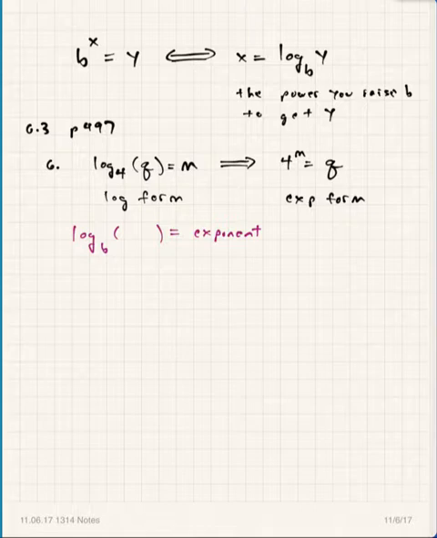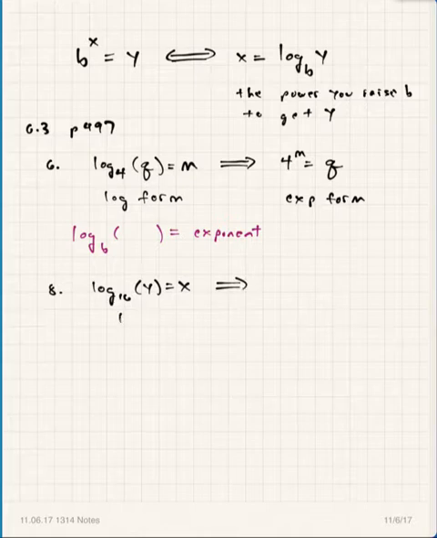All right, problem number 8. You have logarithm base 16 of y is equal to x. So that is our log form right here, and we're trying to write this in the corresponding exponential form. First of all, the bases have got to be the same, so the base on the exponential expression is 16. You have 16 to a power equals something, and remember that the power is what the logarithm is equal to.